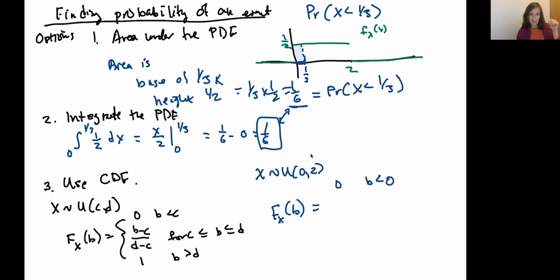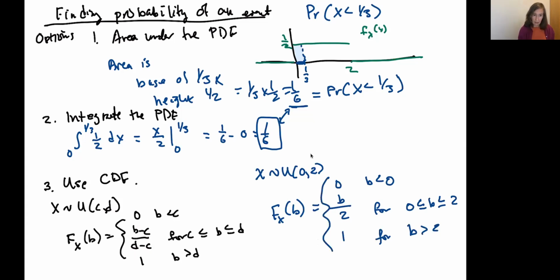It's B over 2 for B that's in between 0 and 2. It is 1 for B greater than 2.